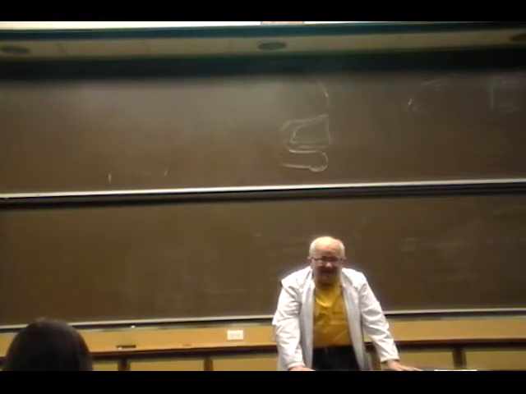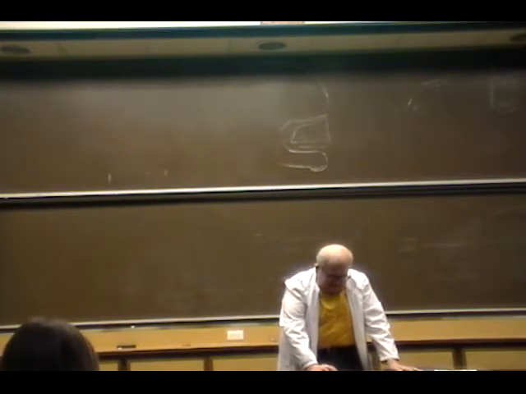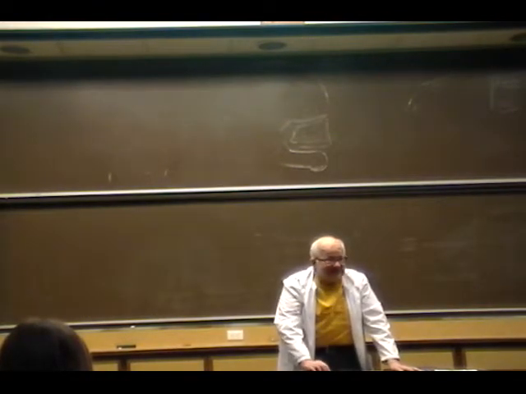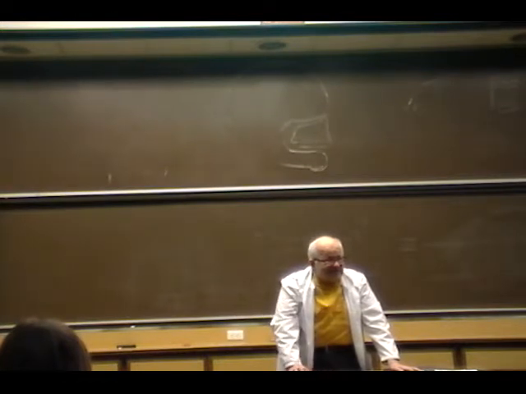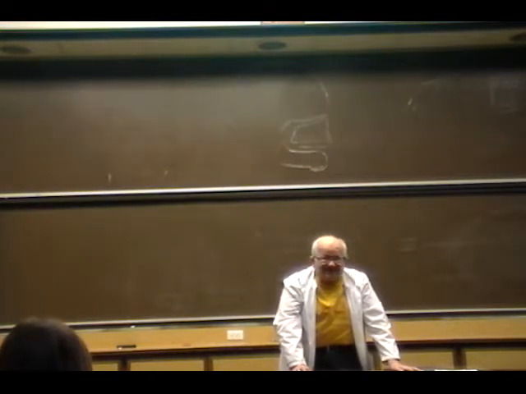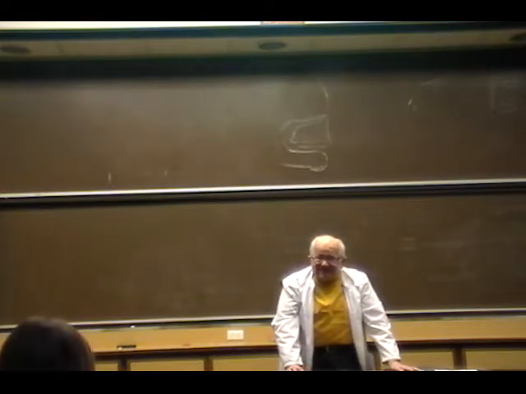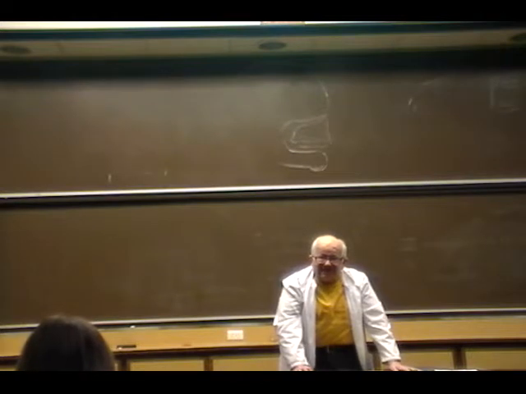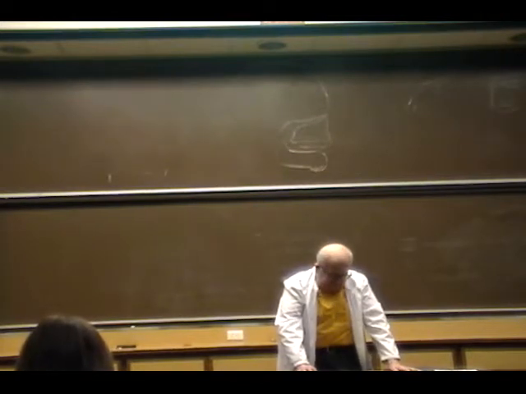Villi about tenfold. The microvilli about 20-fold. If you multiply this out, this means that the surface area is increased 600 times by the presence of these structures. And obviously, this is going to increase the efficiency of absorption.